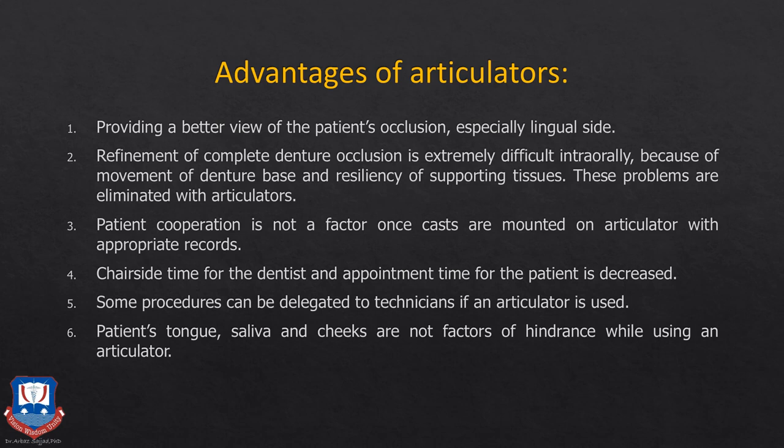Of course, the chair time of the dentist is reduced since you are doing the laboratory phase procedures on the articulator. Some procedures can be given to technicians if an articulator is used. That is, you take the records, whether centric or eccentric, take the impressions, and along with the articulator and the face bow, you send it to the lab, and the entire laboratory work can be done by a third person, that is, the technician.